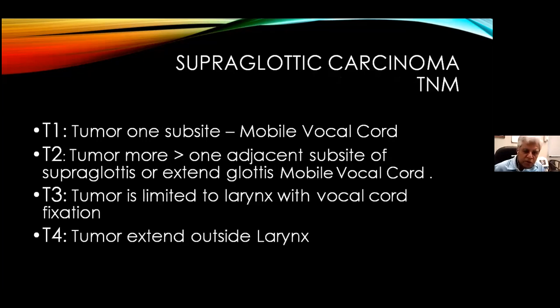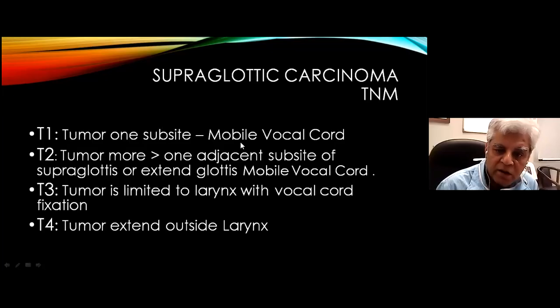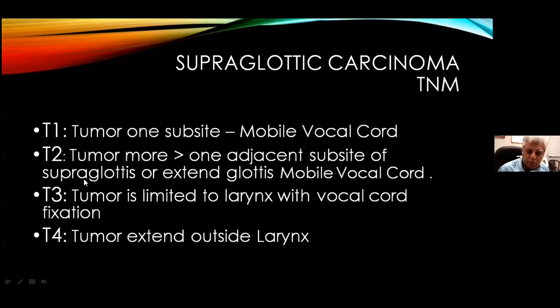So coming to TNM classification, T1, T2, T3, and T4. T1 is tumor just affecting one subsite, with a mobile vocal cord. T2 is where the tumor could be involving more than one subsite. In T1, the tumor may be involving the epiglottis only, or epiglottic fold only, or false cord only.